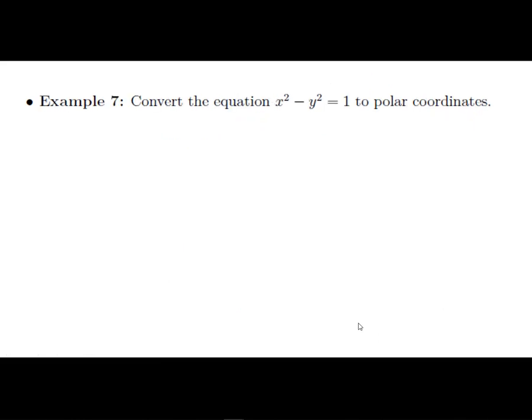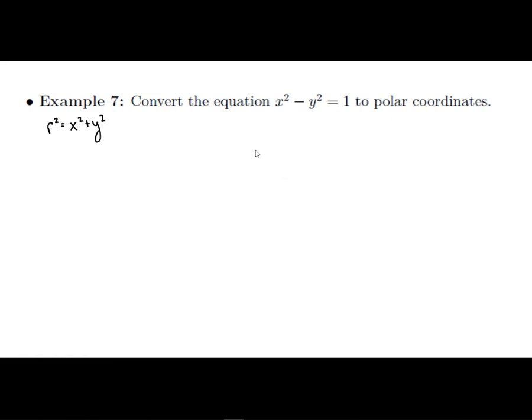All right, now this one wants us to take another equation in rectangular coordinates and convert it to polar coordinates. And at first it might be tempting to try to somehow make r squared come about, but we do need to remember r squared is x squared plus y squared. So it has nothing to do with x squared minus y squared.